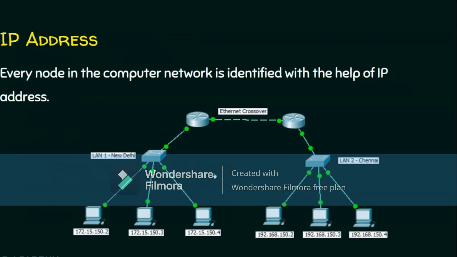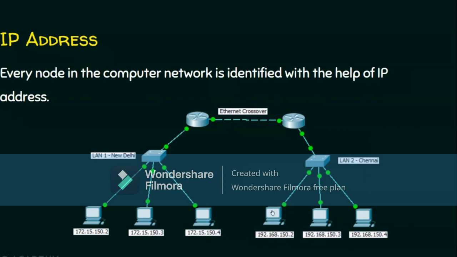If you take this scenario, this is a local area network which is in New Delhi. And this is another local area network, this is in Chennai. Suppose I take this computer and place it in the local area network of Chennai and I want this newcomer to participate in that network. I can simply remove this IP address and assign an IP address in this range.